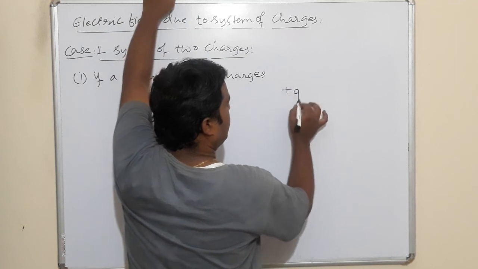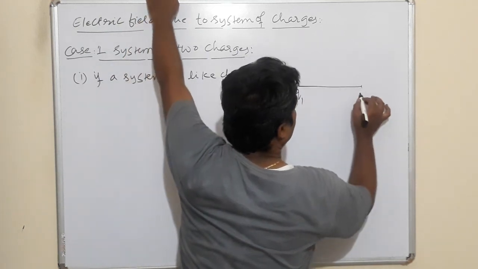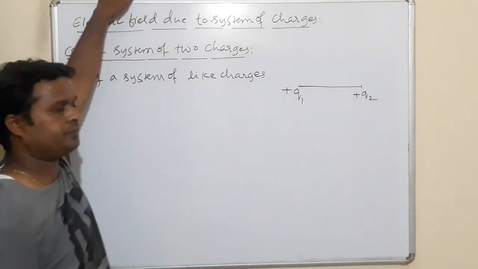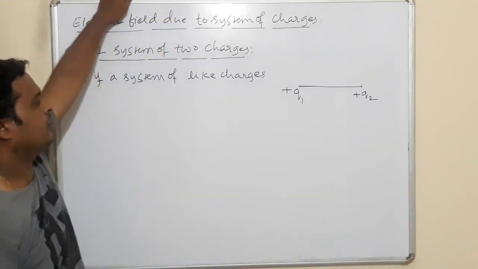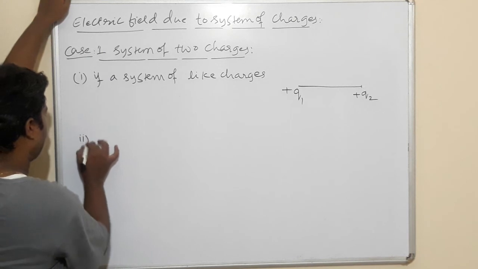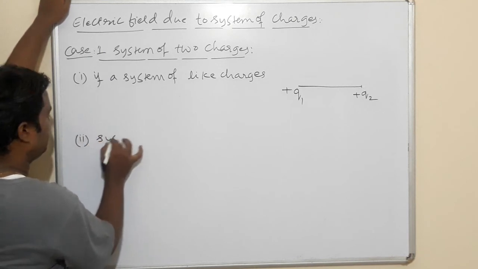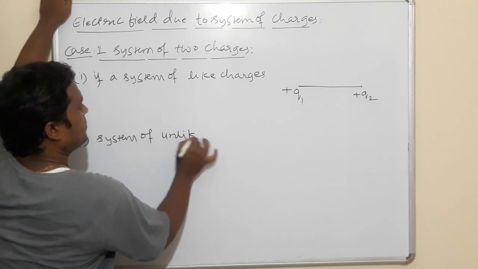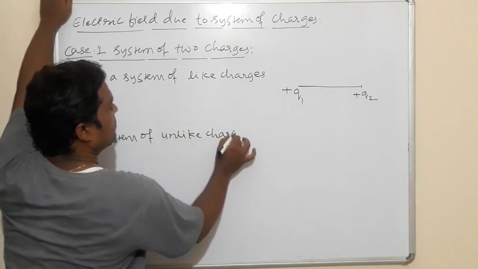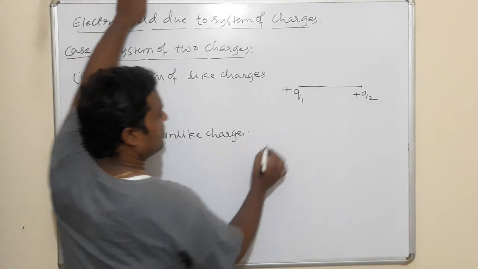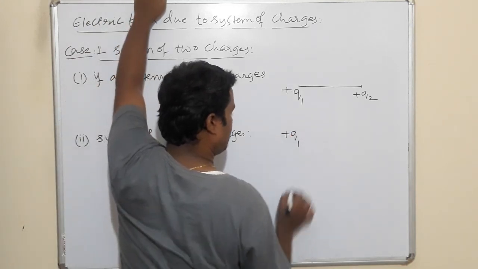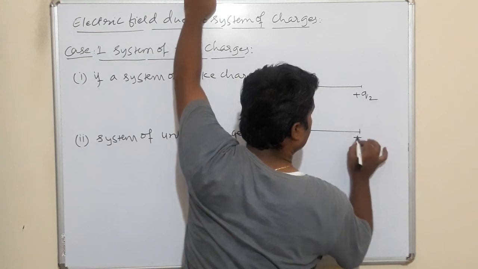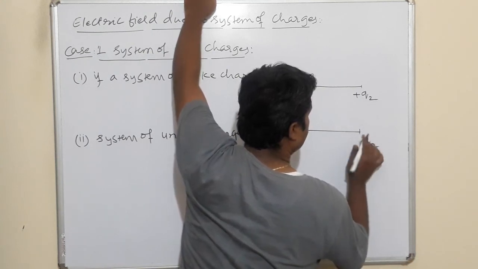See, this is Q1, this is Q2, both are positive. If it is a system of unlike charges, this is plus Q1, this is minus Q2, let us suppose.